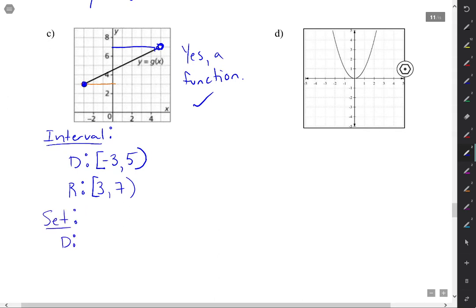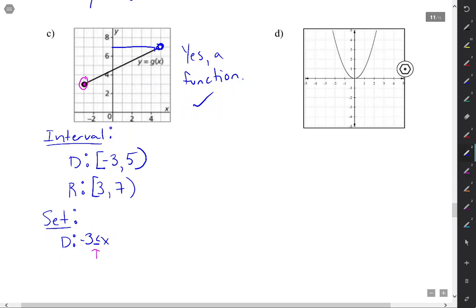We need to say that x is going to be in between -3 and 5 for the domain. So we're going to put an x, and we're going to say that -3 is less than or equal to x, and we put the less than or equal to symbol because it is including that point. It's colored in, so it's equal to that point as well.